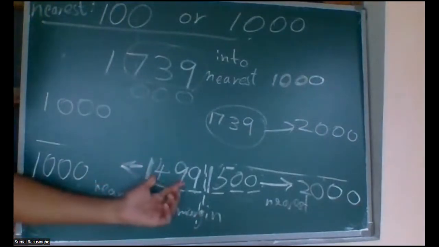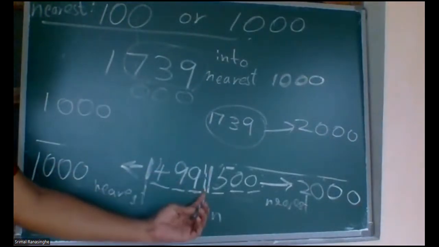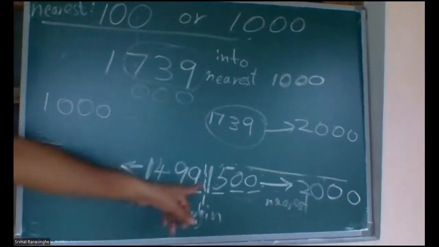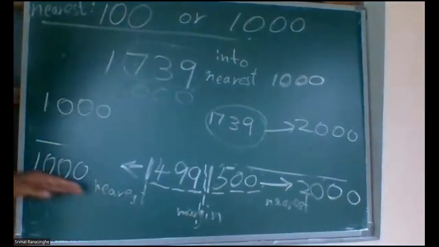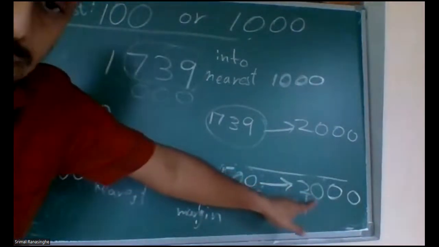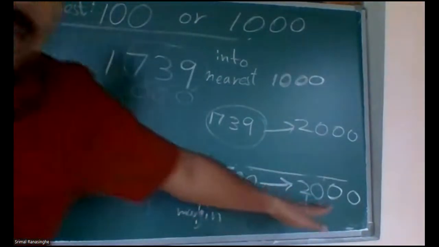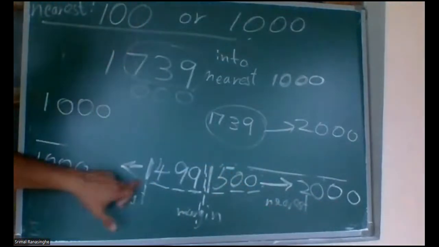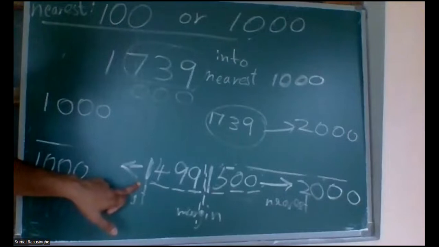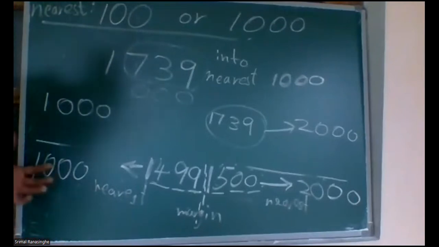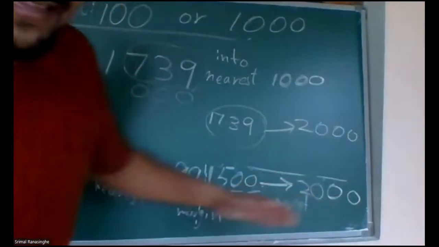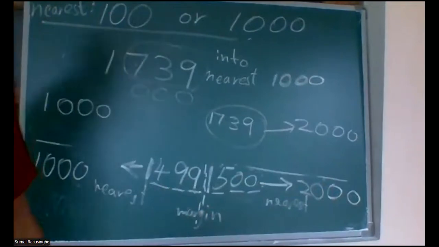Then 1,499 is the margin for 1,000. 1,500 is the margin for 2,000. Assume 5,000 and 6,000. What are the numbers you have to write in the margin?